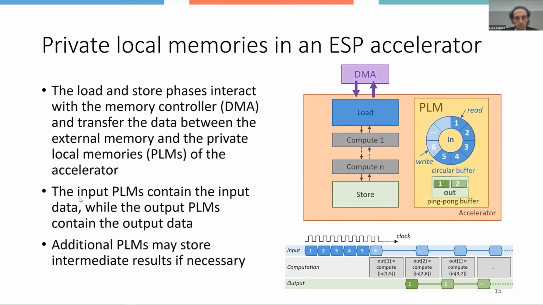The most important part is that this PLM can be tailored to the needs of a designer. Sometimes PLM may be implemented as a circular buffer, in some other cases as a ping-pong buffer, this to reduce the latency and increase the throughput of the system. As well, very important is the number of ports that you can add to the PLM to keep the throughput up with the computational logic.